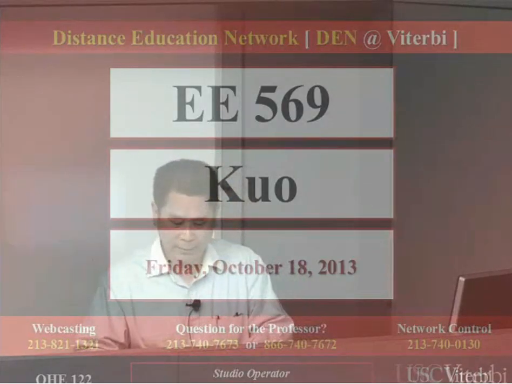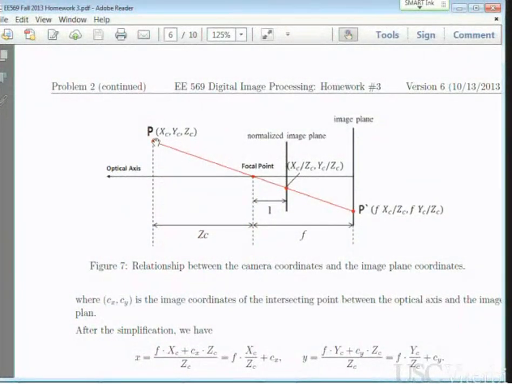Okay, let's come back. So there is a typo in the homework. In the intrinsic model, we have XC, YC, ZC, and the origin of this XC, YC, ZC is here.